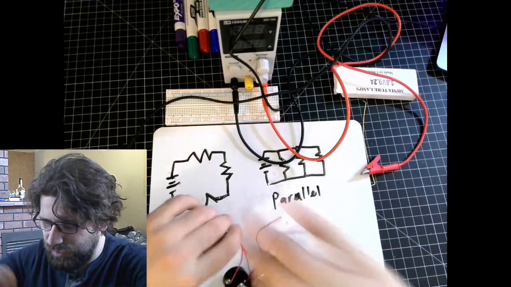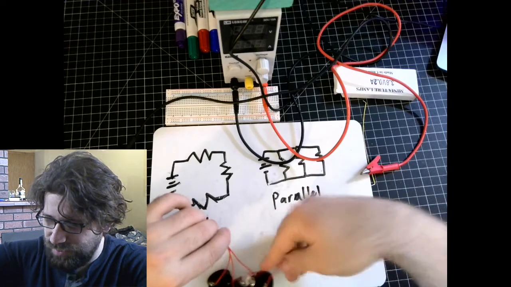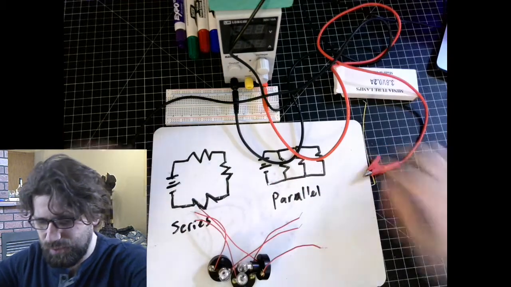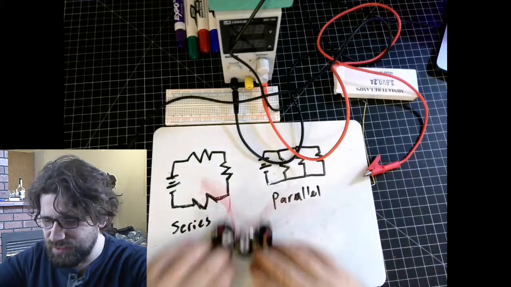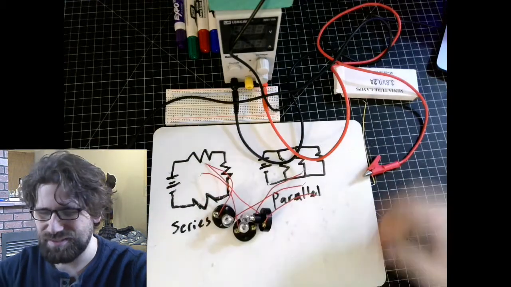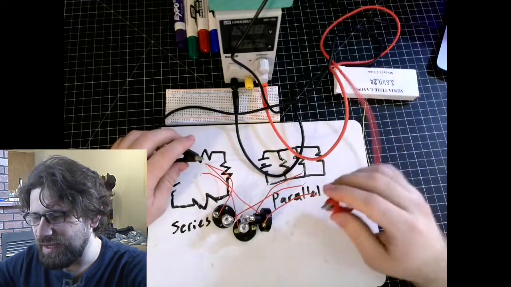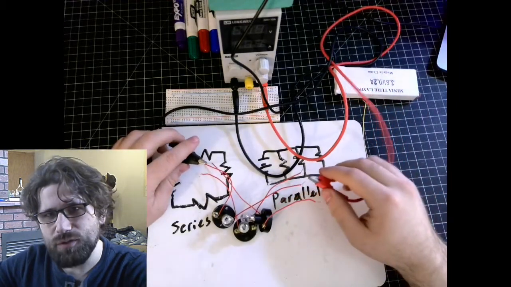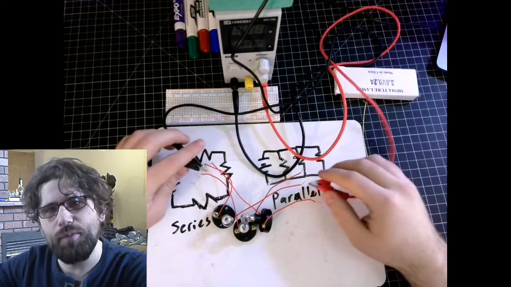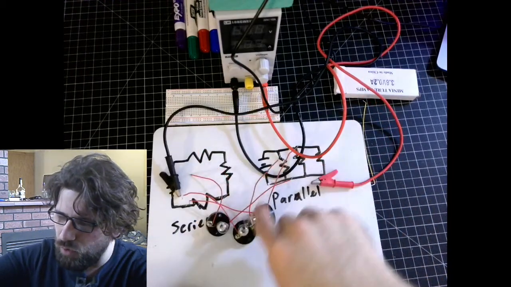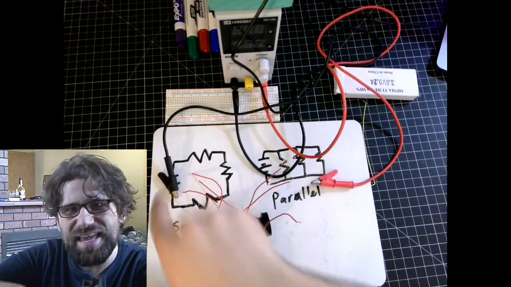So if we connect it like that, besides it looking like a jumbled mess here, we can kind of see what's going on. We put all of them together. This looks like a complete mess, but that's just because of the way that I set it up. If I were to connect my power source to these three light bulbs in parallel, well, then all of my current is going to flow through all three light bulbs at the same time.